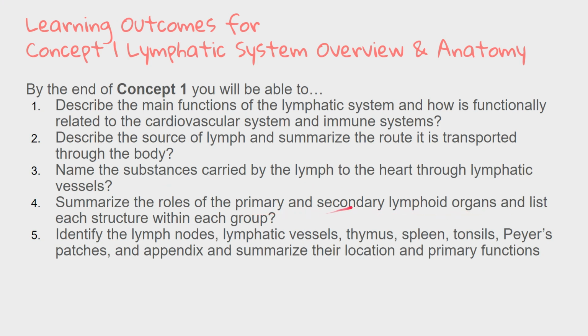And we've got primary and secondary lymphoid organs. And lymphoid is just the word that we use when we're talking about the tissue types that are in either the lymphatic system or the immune system. And you might see those two words as interchangeable whenever you're reading different literature about these systems.